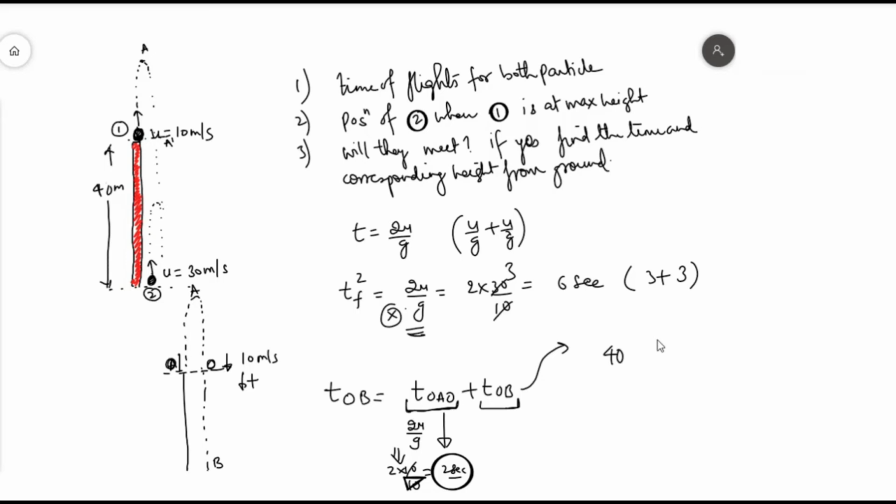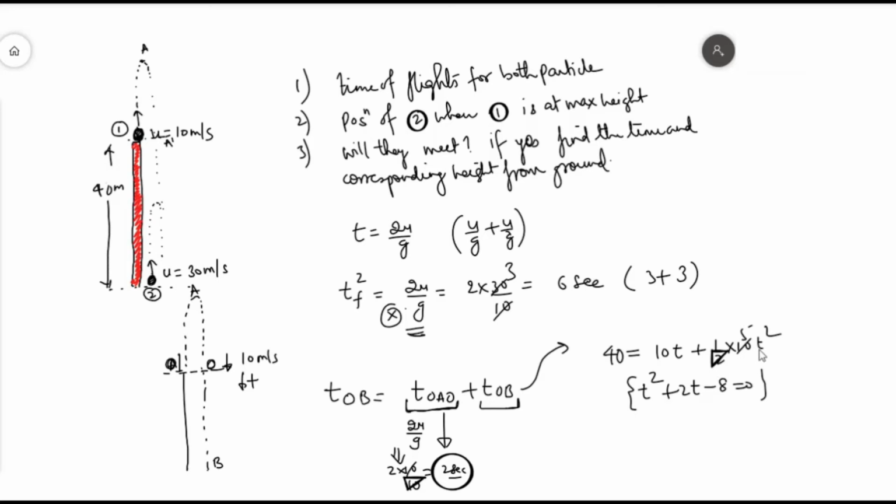I'm going to use s equals ut plus half a t square, so 40, u is 10, and half into a is 5. So 5t square plus 10t equals 40, which is t square plus 2t minus 8 equals 0. I'm just dividing everything by 5.